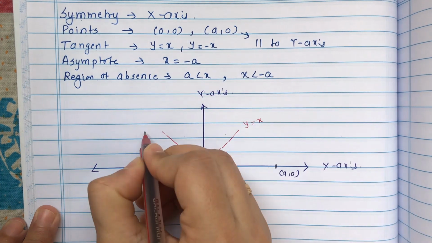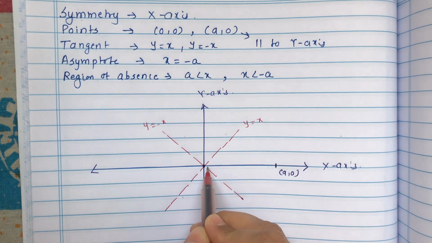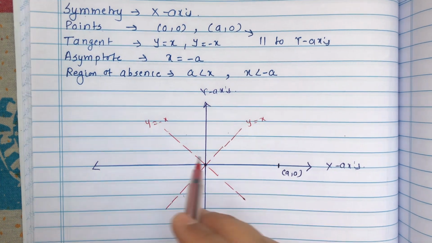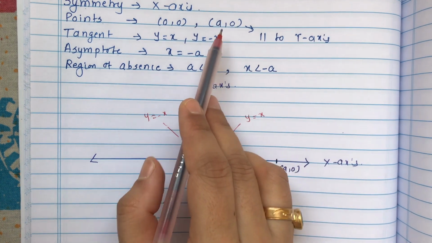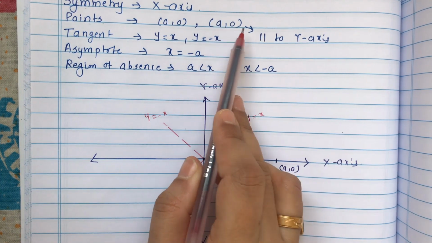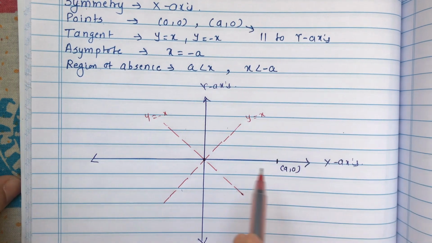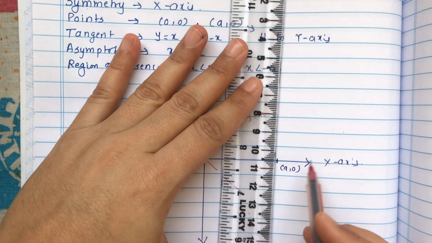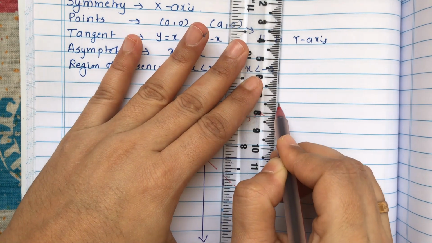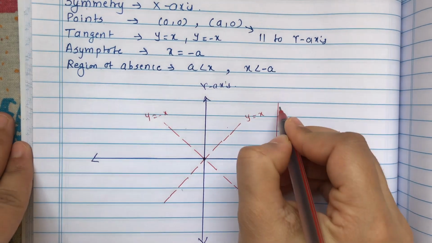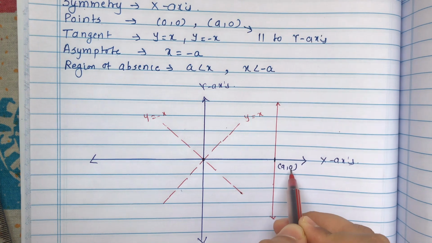So the tangents at the origin we have drawn. The next point is a 0, and what we have calculated is that the tangent at a 0 is parallel to the y-axis. So a tangent parallel to the y-axis means this will be a line. So this is the tangent at the point a comma 0.